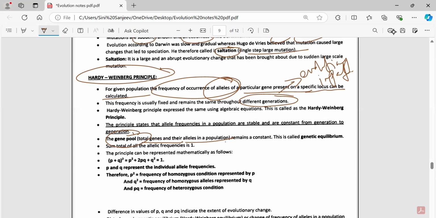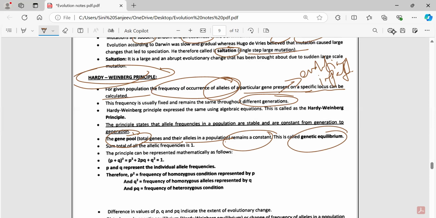But the thing you have to remember here is that this allele number is going to remain constant. Because it's constant and equilibrium is maintained, it's also called genetic equilibrium. Hardy-Weinberg's equilibrium is another name for this, the Hardy-Weinberg's principle.